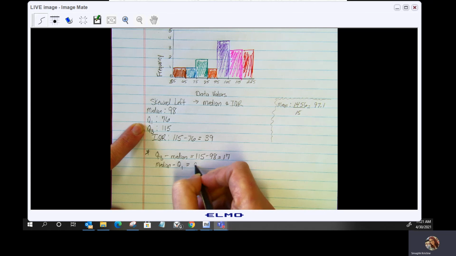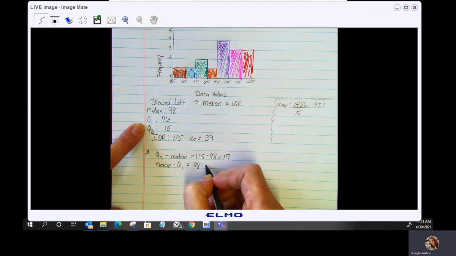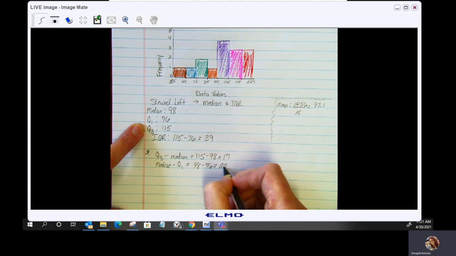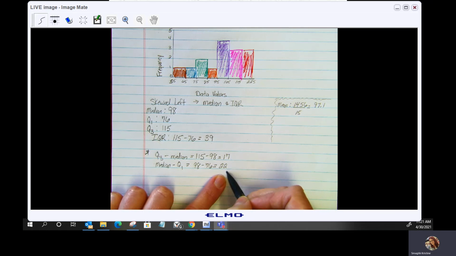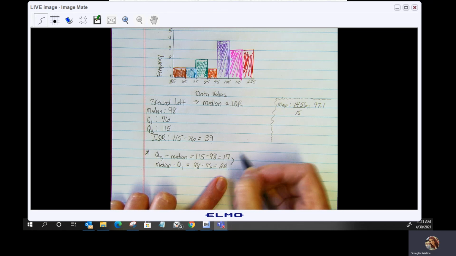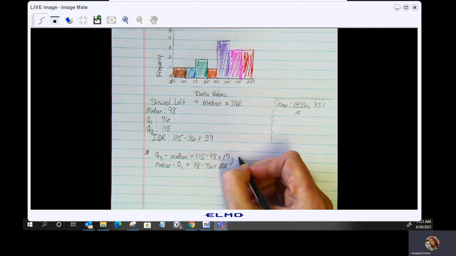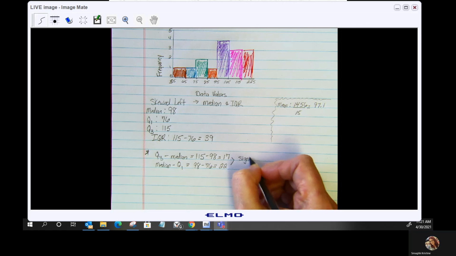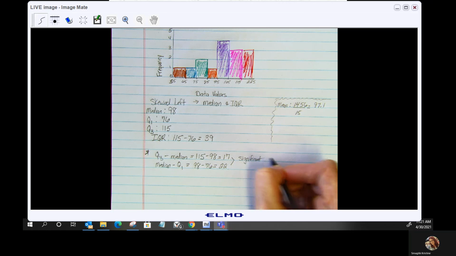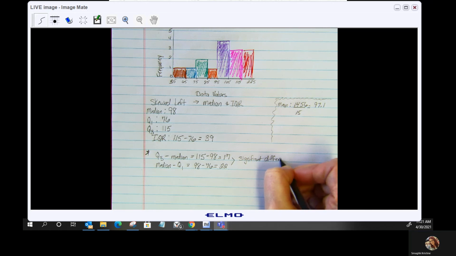So that is 98 minus 76, 22. Now notice between 17 and 22, that's quite a significant difference. This significant difference indicates that this is a skewed distribution.